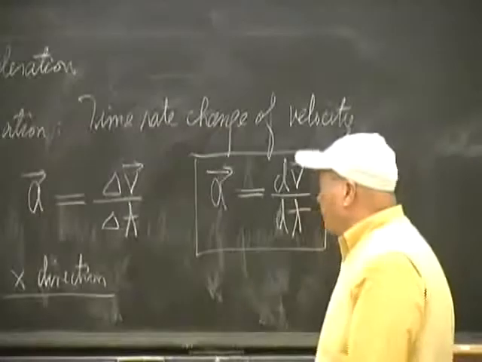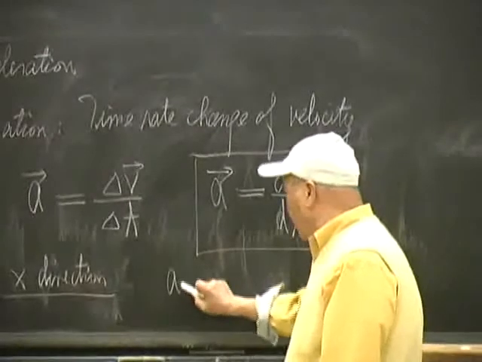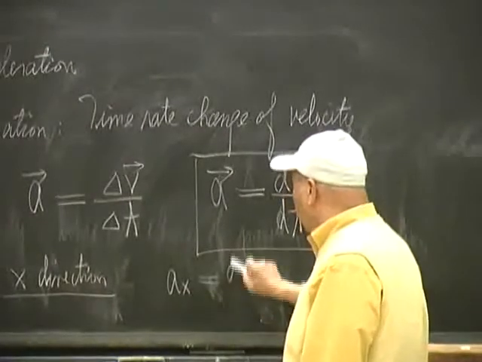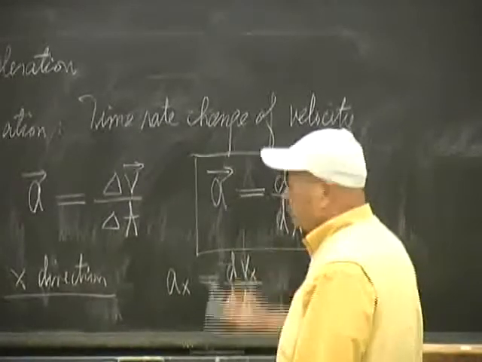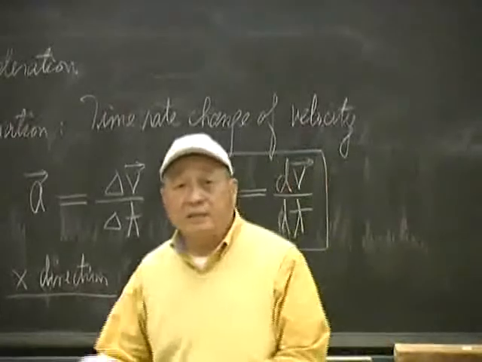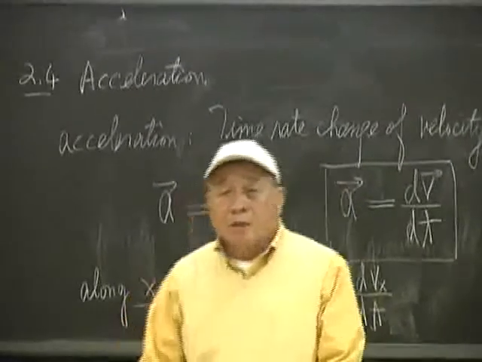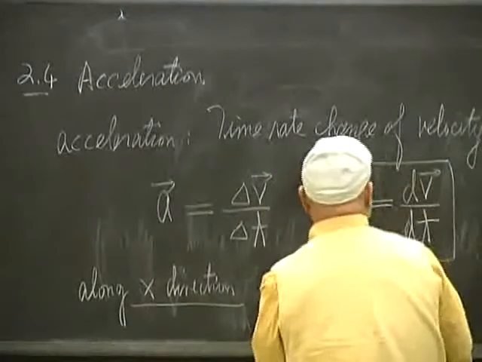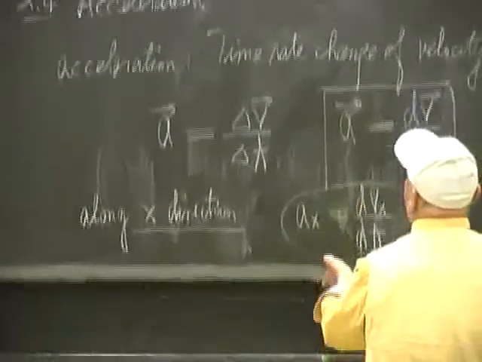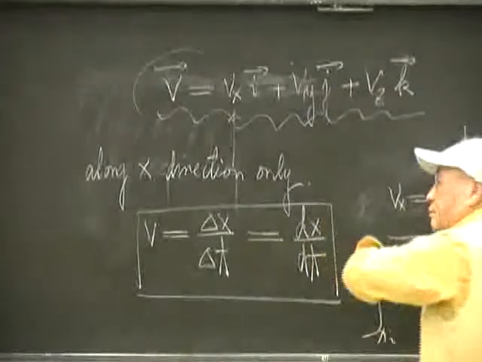So if that is one dimension, then you have a sub x equal to dvx dt. Okay, dvx dt.